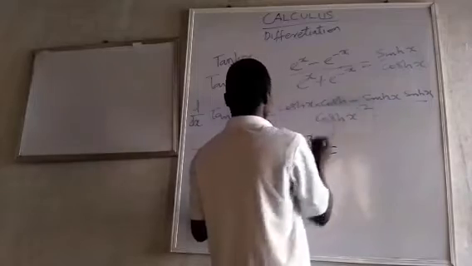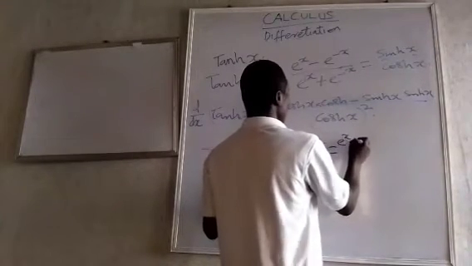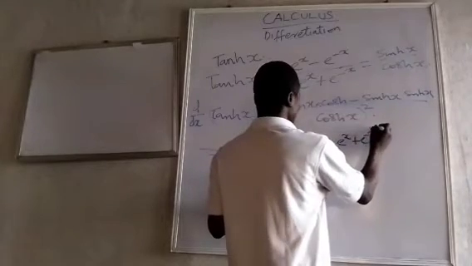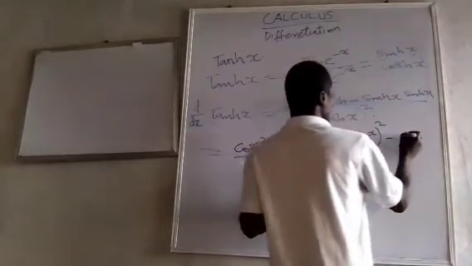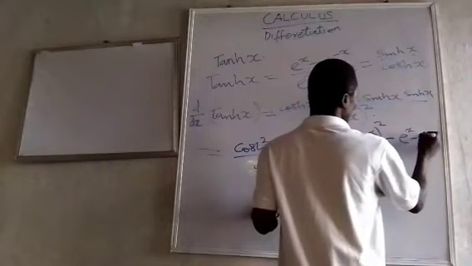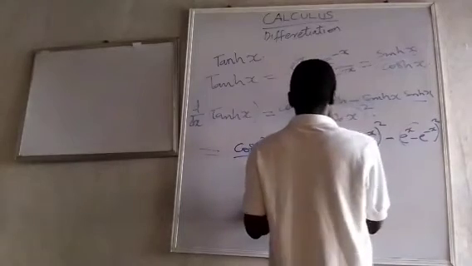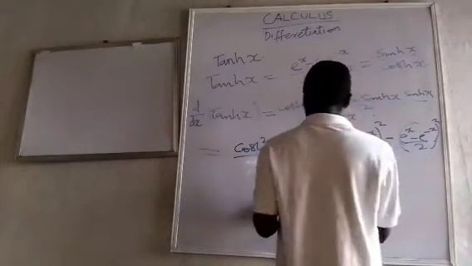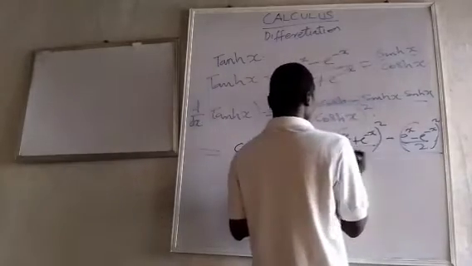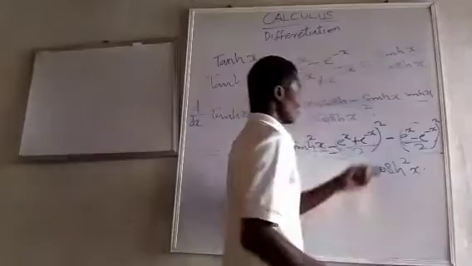And that is going to give us, let's say, e raised to the power x plus e raised to the power minus x, all squared, minus e raised to the power x minus e raised to the power minus x, all squared, over 4, divided by cosh square x. You can see that this is the difference of two squares.